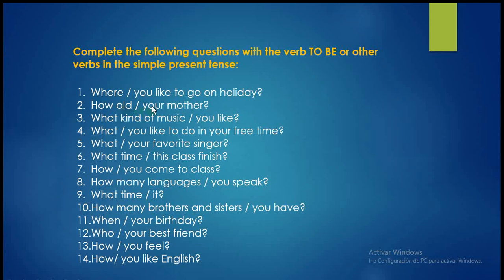How old? Your mother. So in this case, we use the verb to be. Your mother, singular, third person singular for she. So how old is your mother? And in that way, you continue with all the other sentences and practice, okay?